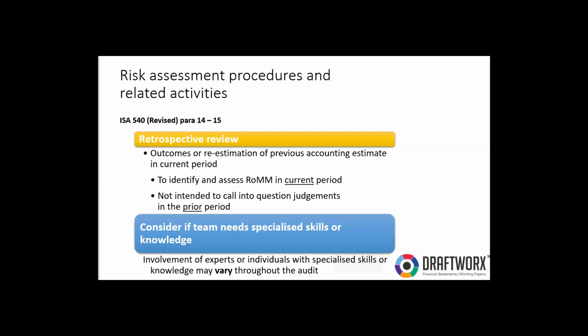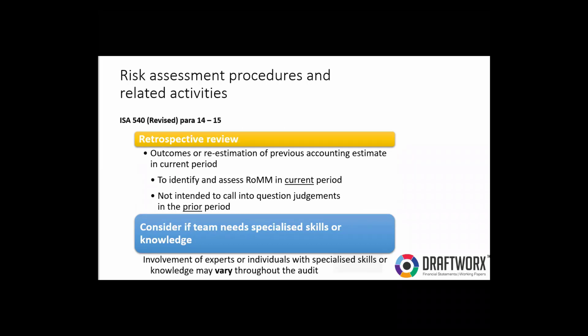What it says in paragraph 14 of the standard is the auditor must review the outcome of the previous accounting estimates, the previous years, or where applicable, their subsequent re-estimation, to assist in identifying and assessing the risk of material misstatement in the current period.